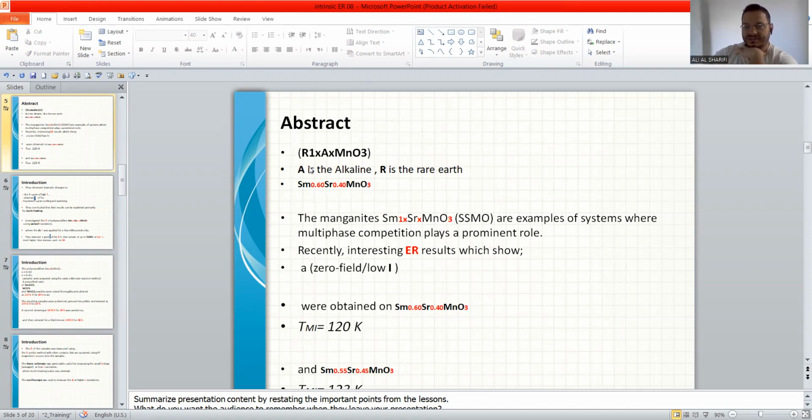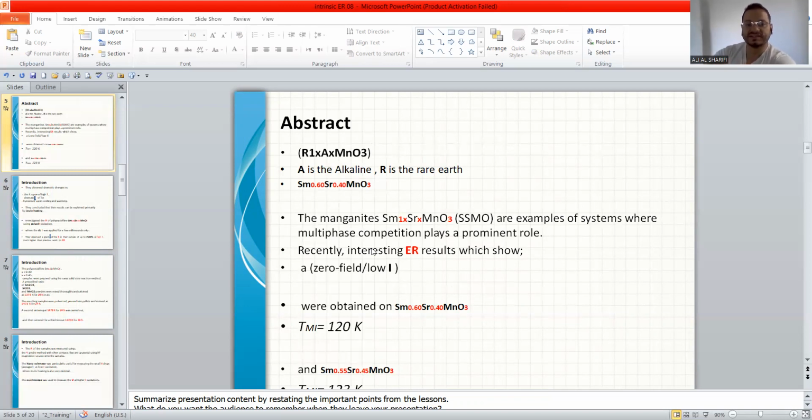Here, R is the rare earth, like we know, and A is the alkaline earth, for all of these two structures with different concentrations. The manganite structures, SMO we can say, are examples of systems where multi-phase competition plays a prominent, important role.